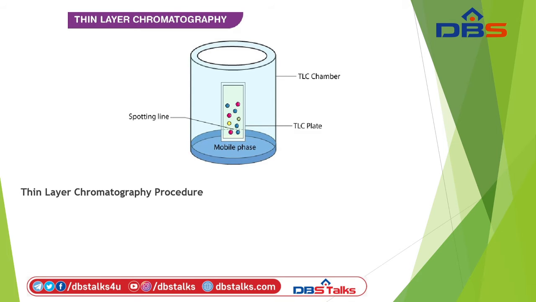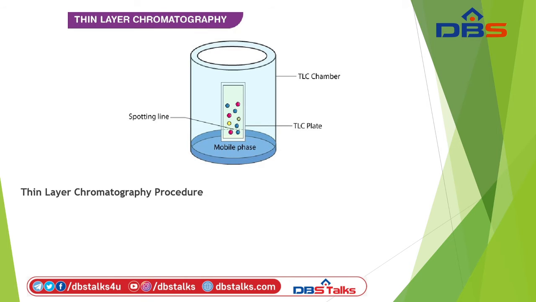At the same time, the thin layer chromatography mobile phase is the one that moves and consists of a solvent or a solvent mixture. The phase should be particulate free. The higher the purity, the better the development of spots. Chromatography is maintained by the mobile phase and the stationary phase.